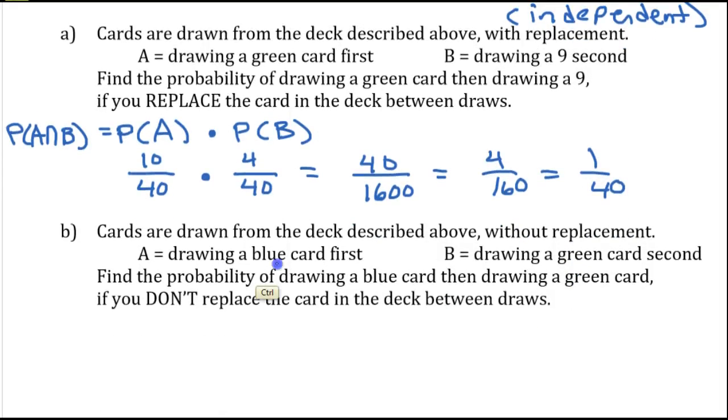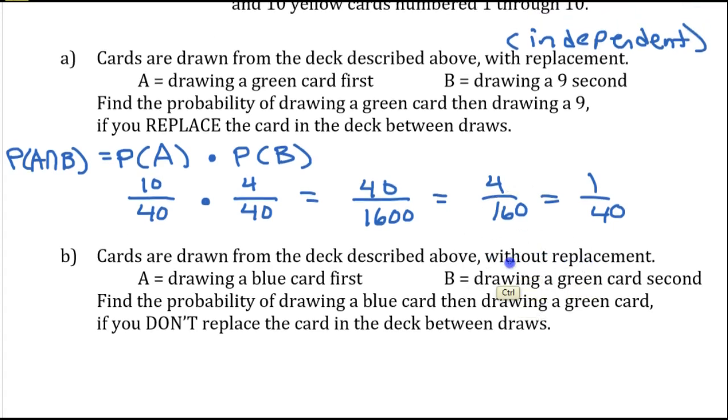Now, part B. Cards are drawn from the deck described above without replacement. So this time it's going to be a little bit different because we're not putting the card back. So find the probability of drawing a blue card and then drawing a green card.